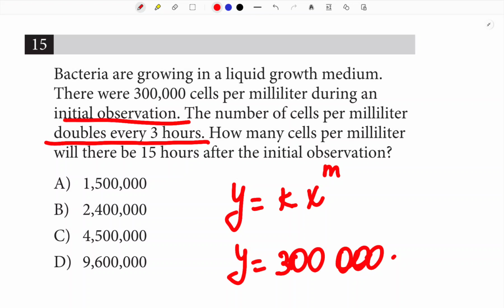If it says doubles, I write 2 to the power instead of a. Doubles every 3 hours, and okay, m divided by n. Every 3 hours, and it asks how many cells per milliliter there will be 15 hours after the initial observation. So it means 15 over 3.